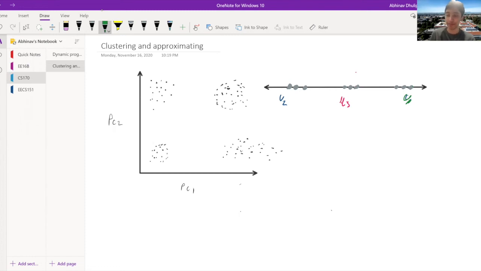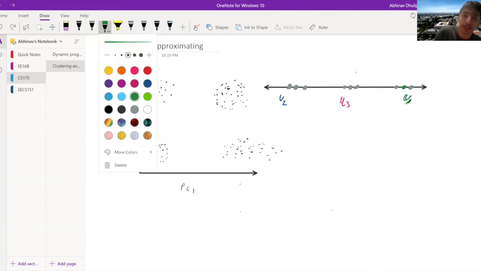So I'm just going to choose a random point, eeny, meeny, miny, mo. Now I'm going to choose the farthest point from this point. Since this is 1D, it's super easy to see what our next point is going to be. Our next point is going to be right there. Let me mark it with a different color. So these are going to be what's called our centroids, or the centers of our clusters.